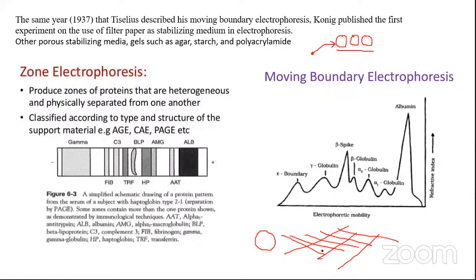Yes, sir. Okay. So just imagine now, if you are forming a meshwork-like structure when you are setting up the gel, then the area within here, this space, is represented like this. This is the space which is going to decide the pore size of the gel.